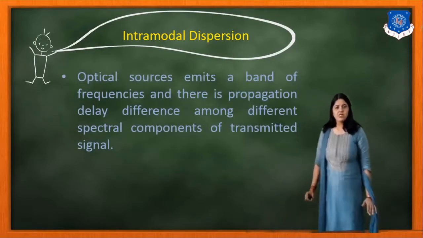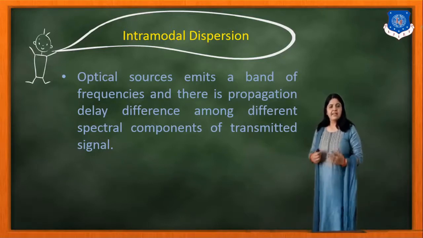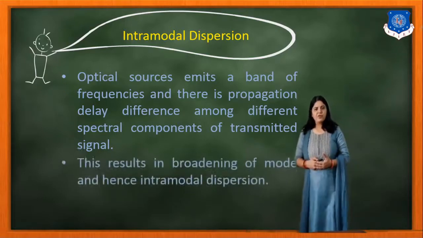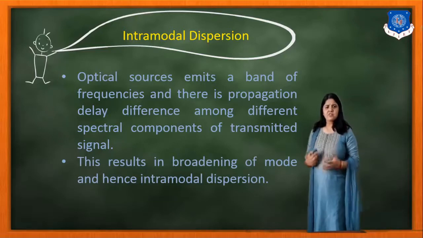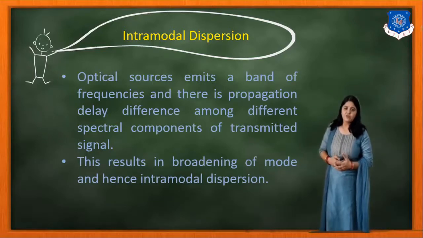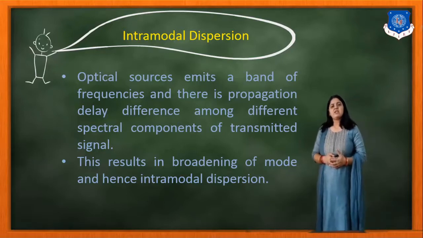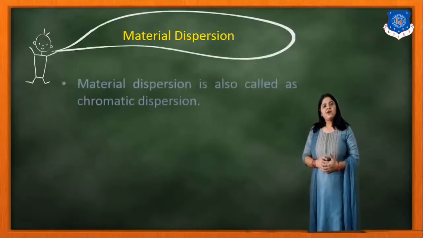When the optical source emits a band of frequencies, whatever propagation delay difference can be found in the spectral components of the transmitted signal is referred to as intramodal dispersion. Now what are the results of this intramodal dispersion? This results in the broadening of the mode, and hence intramodal dispersion results.